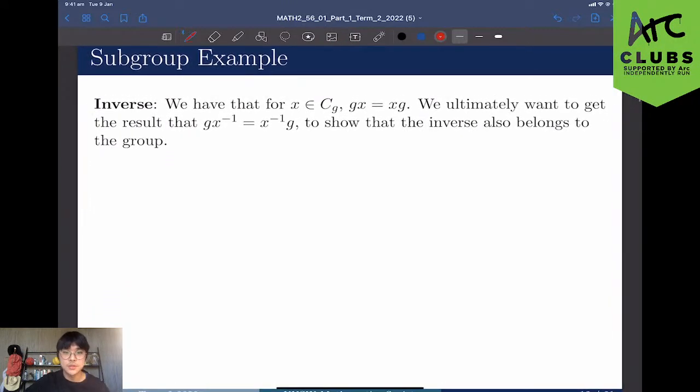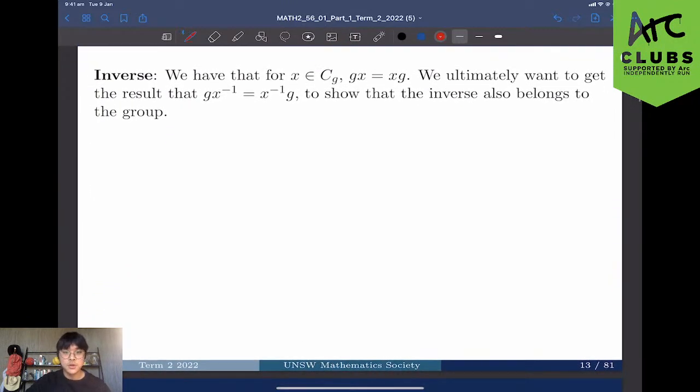Next, we want to show that the inverse exists. So say we already have an element x in CG, and to prove that the inverse exists, this is the result we want to show. We want to show that x inverse is in CG. And if x inverse is going to be in CG, then it has to follow the rule.